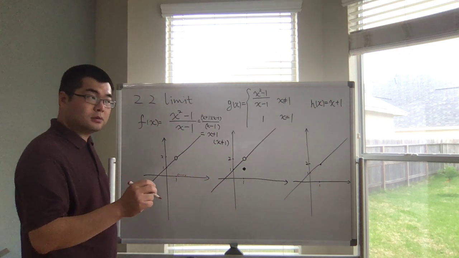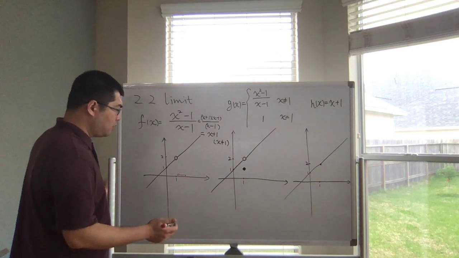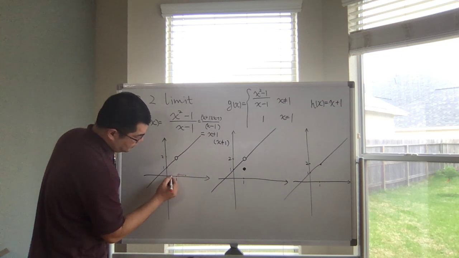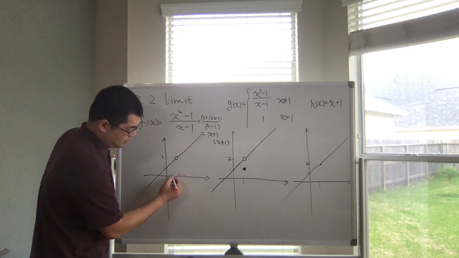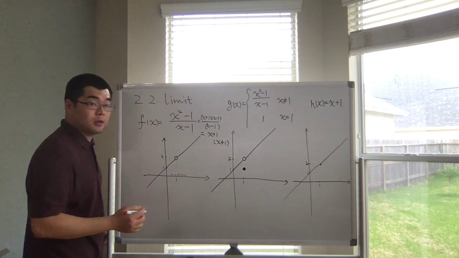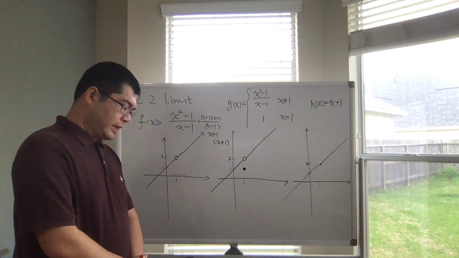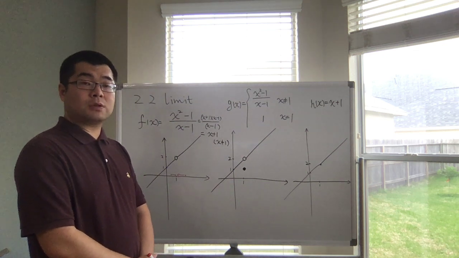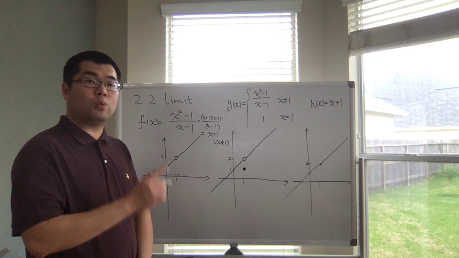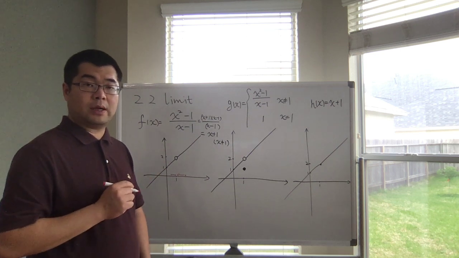And you can also start from a number smaller than 1 and then get close to 1, right? So this is a very, very important concept. It's called the one-sided limit, okay?